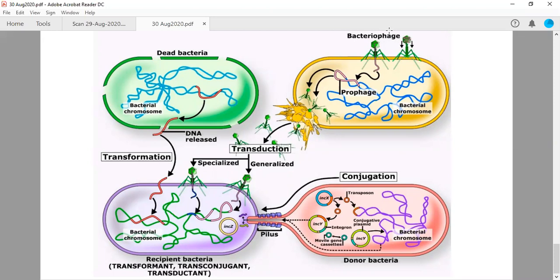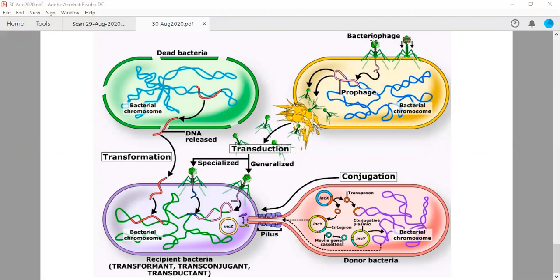P1 also infects E. coli. P22 bacteriophage infects Salmonella species, Salmonella typhimurium, for example. So they have specific viruses which infect specific bacterial species. This ensures that the DNA fragment will be transferred between related species of bacteria, right?